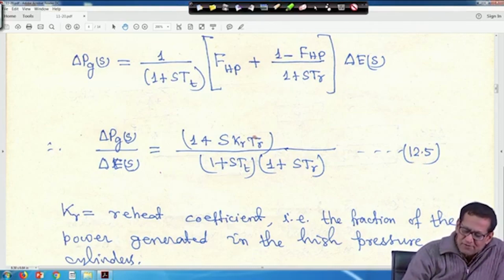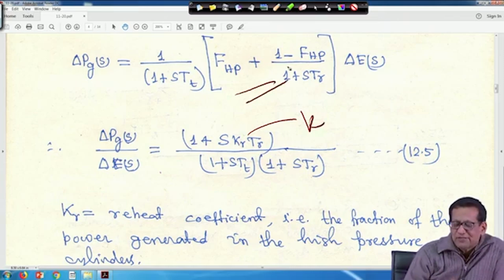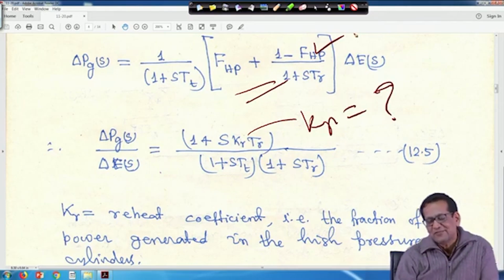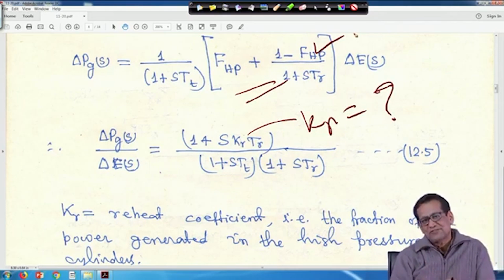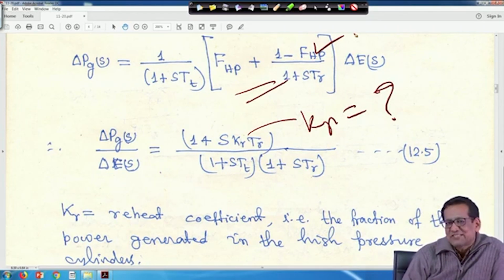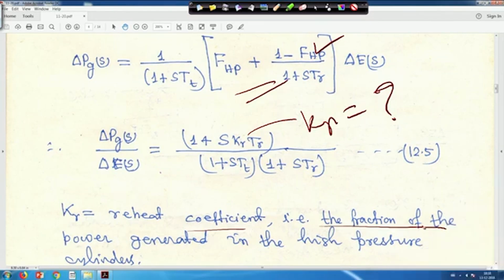Here is one small question to you. When you find this transfer function, what is K_R? Here only F_HP is there. So, K_R is what in terms of HP? This is a small question to you. K_R we call the reheat coefficient, that is the function of the fraction of the power generated in the high pressure cylinder.